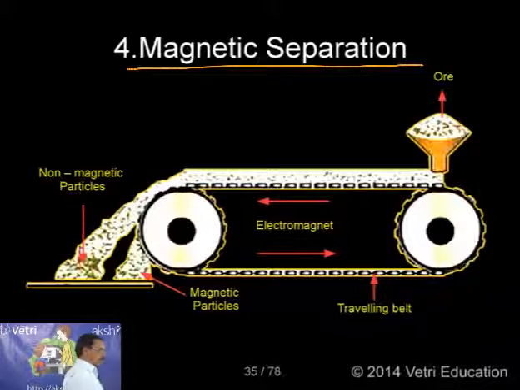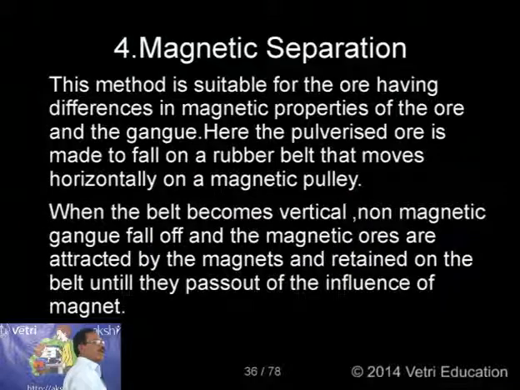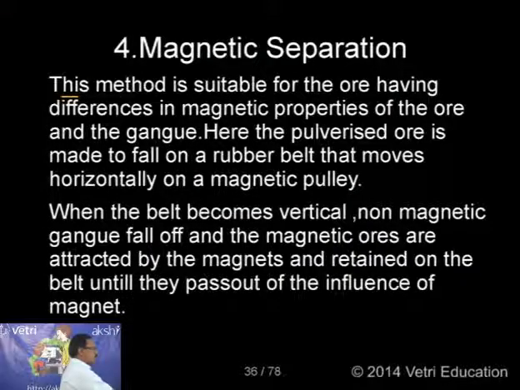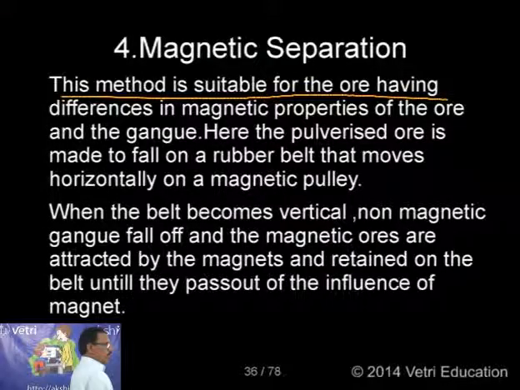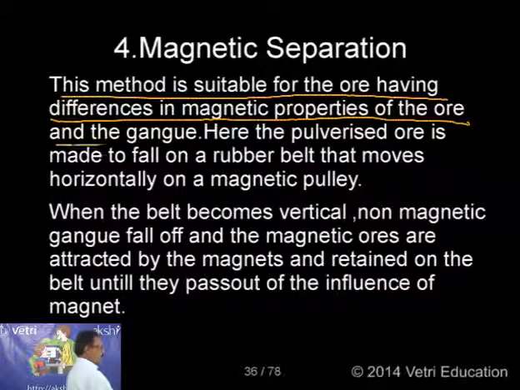So kindly follow: the two wheels with the belt moving over them are controlled by the electromagnet. Now let me give some idea, and I will come back to the diagram. This method is suitable for ores having differences in magnetic properties between the ore and the gangue.